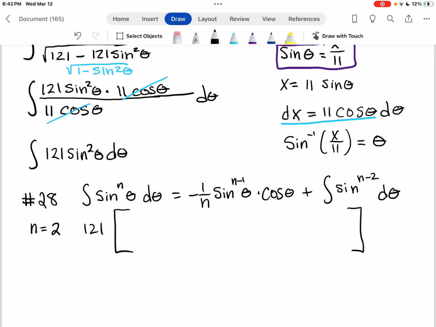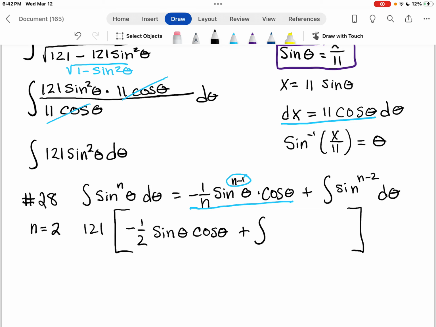Since n is 2, I'm going to have negative 1/2 sine to the power of 1, because we have n minus 1 here, so 2 minus 1 would give me 1, times cosine theta, and then plus this integral of sine to the n minus 2.